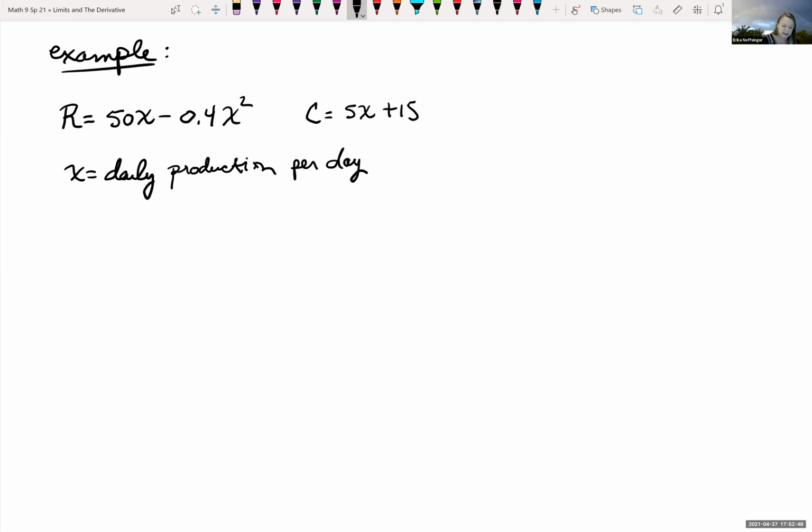So we know what our x value is in this case. x is 40. And the rate of change of the production is 10 units per day.